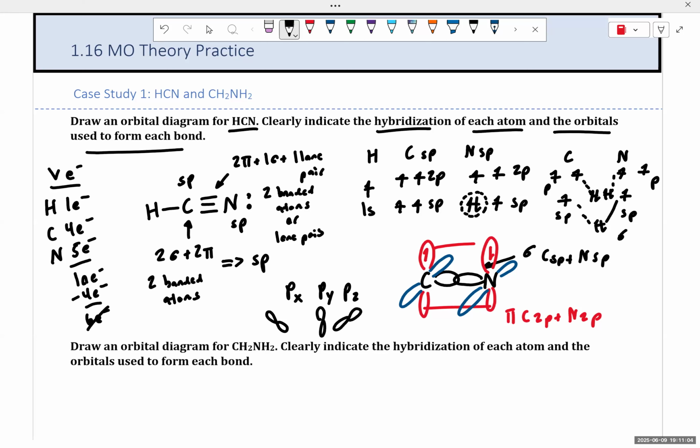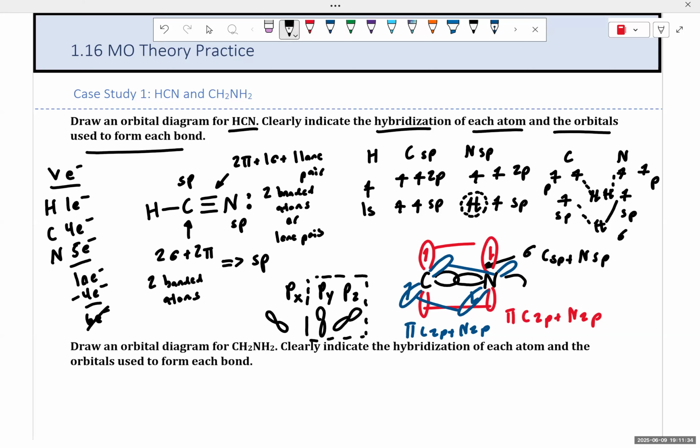So when you have these 2 leftover half-filled p orbitals that we use to form our pi bonds, they're going to be perpendicular to one another. Just an important little subtlety that I want to draw your attention to. Just like before, we have 2 half-filled p orbitals that we can overlap to form a pi bond. Wonderful.